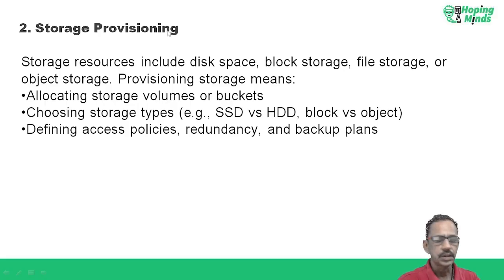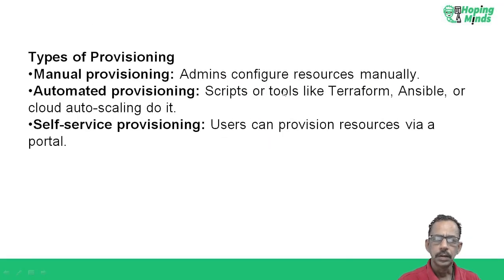Similarly for storage, we will work on S3 storage, block storage, file storage. Provisioning storage means allocating a storage volume or a bucket. So we will work on a bucket today. Today we'll do the manual provisioning.